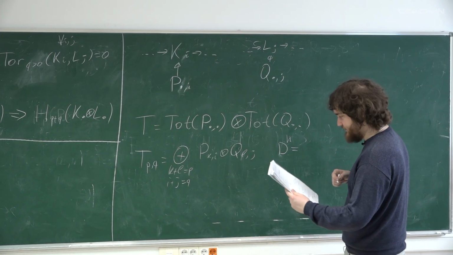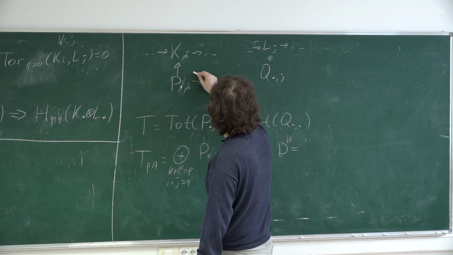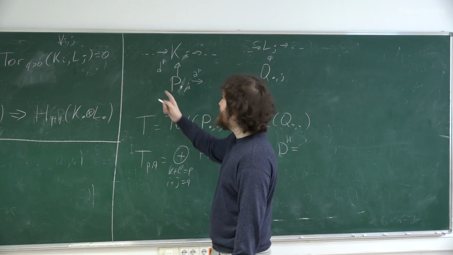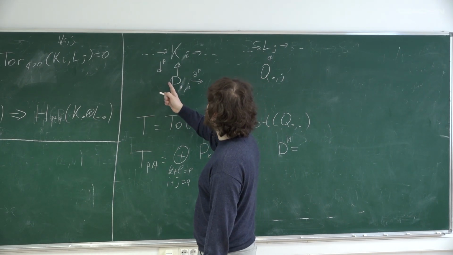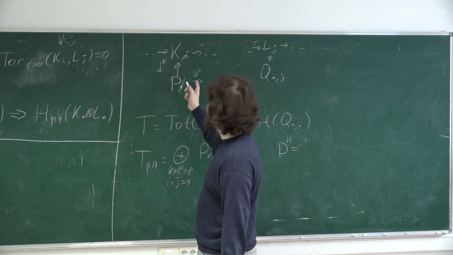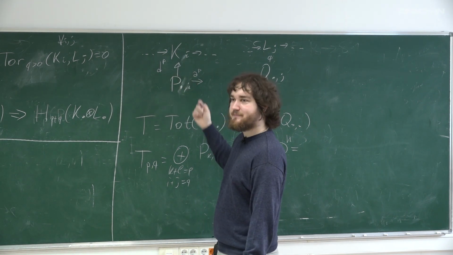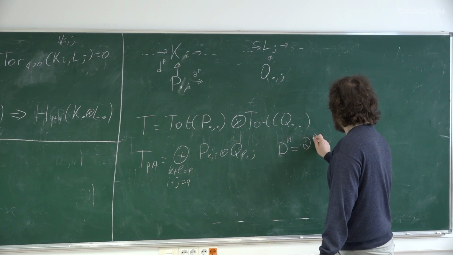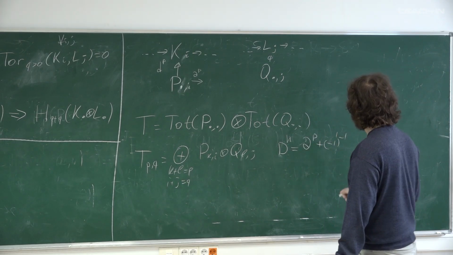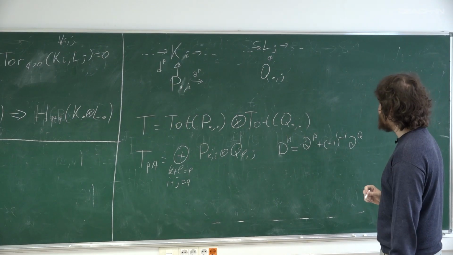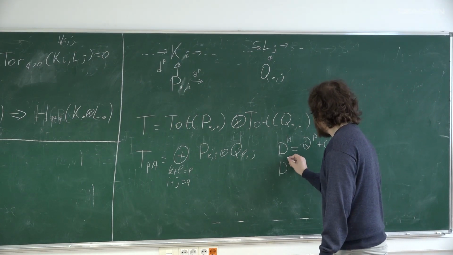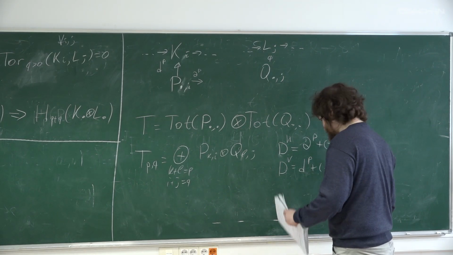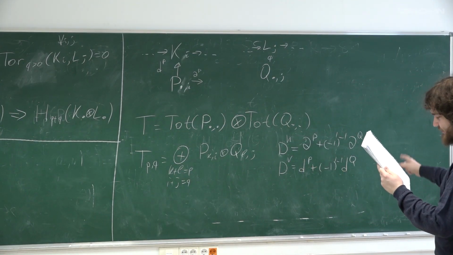Let me denote, for example, horizontal differentials here by D and vertical one by D. Here D is the differential in the projective resolution, and here the differential is of this chain complex. It's a splitting differential. So this horizontal one is the sum of horizontal differentials: d_P plus, with sign, the differential of the other one, and vertical is for vertical. If it's not obvious, then it's an exercise.